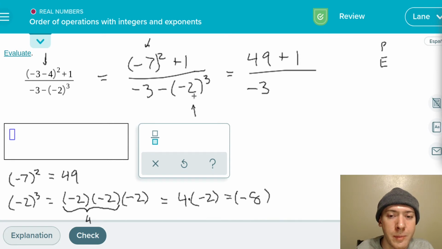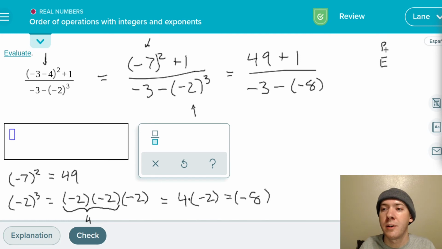On the bottom there was a -3 and then a minus sign, so we've got to put that minus sign. Now I'm going to put a pair of parentheses and I'm going to put this -8 in there. I could have done the same thing on the top. I could have put some parentheses around this 49, but I didn't because there were no negative signs that might confuse us there. But there are in the bottom, so it's important to put this pair of parentheses.